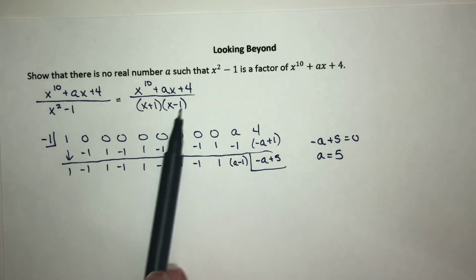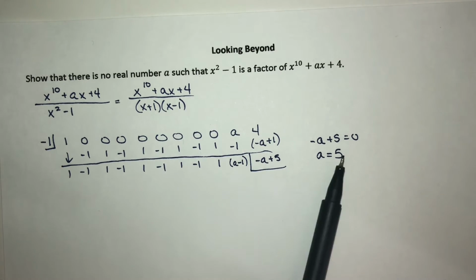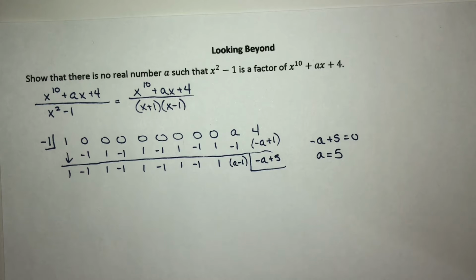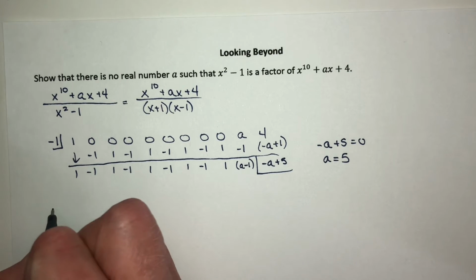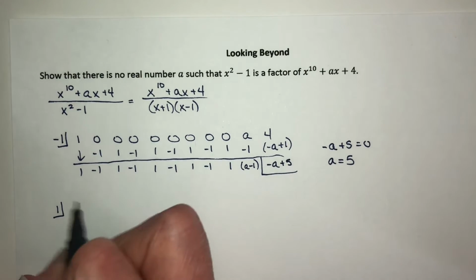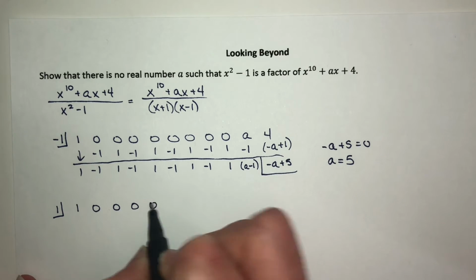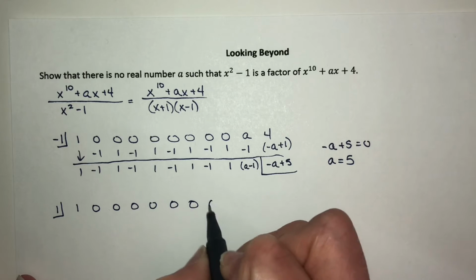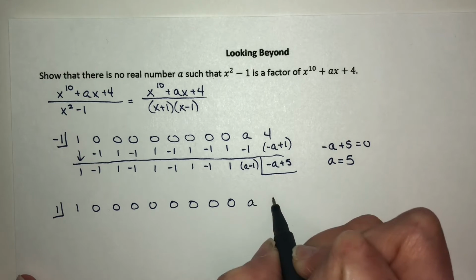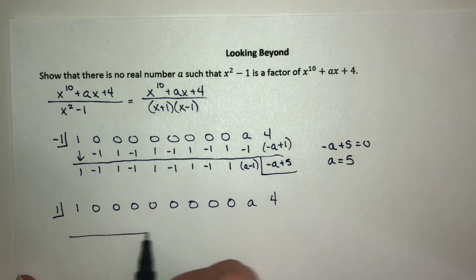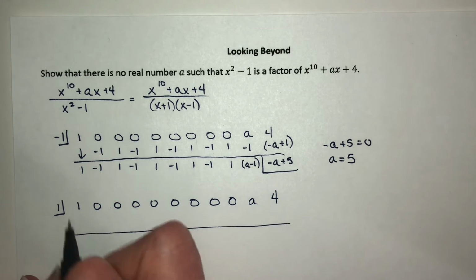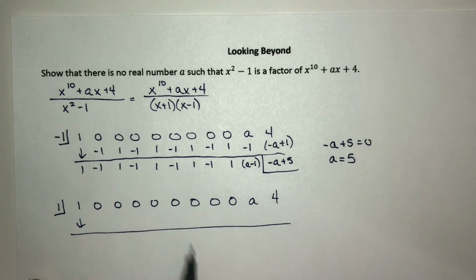So when I test this one, if my a value has to be anything else, there's no a that will work. So let's do that. Okay, now this one is even more tedious because we're not even going to get to change from positive to negative.